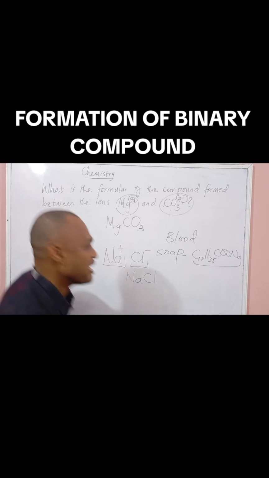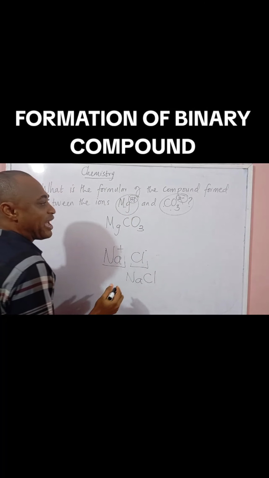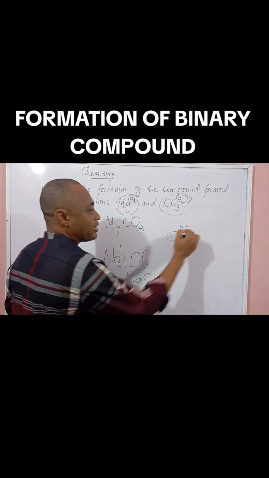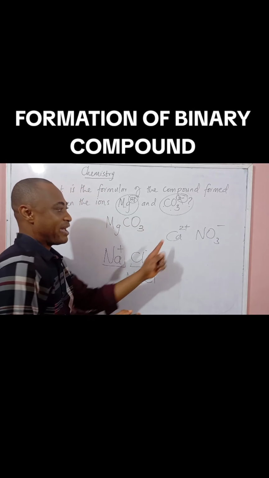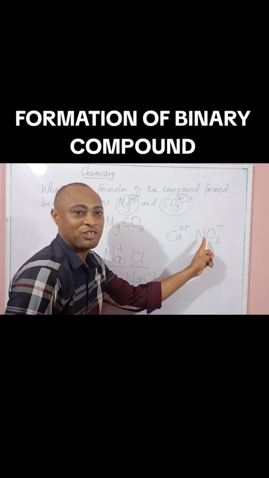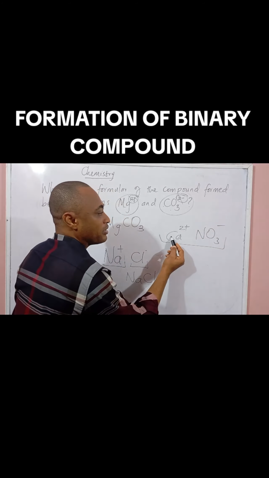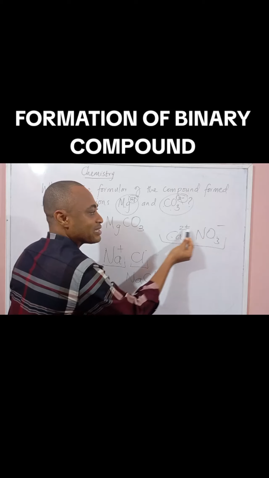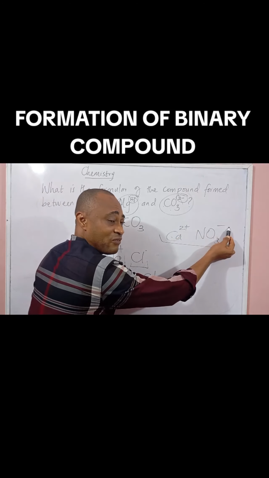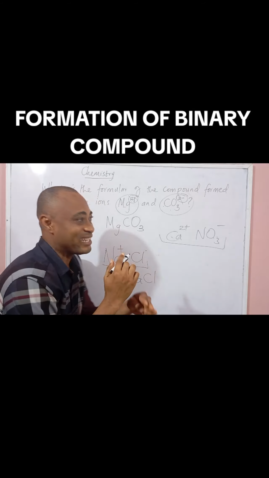Look at this. I give you yet another example. If I have calcium 2 plus, and I have NO3 minus, my calcium ion and my trioxonitrate(V) ion, what will be the formula of the compound that will be formed between them? Look at this now. The numbers are different. I have a 2 here. I have a 1 here. So what we'll do here is exchange of radicals.